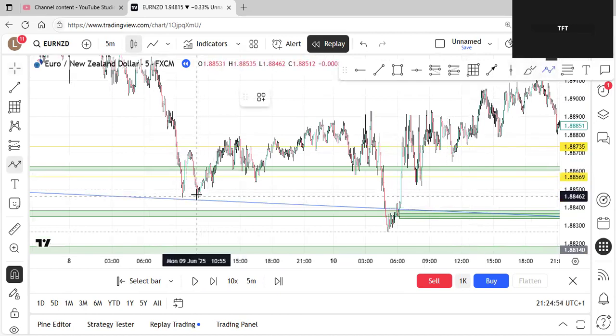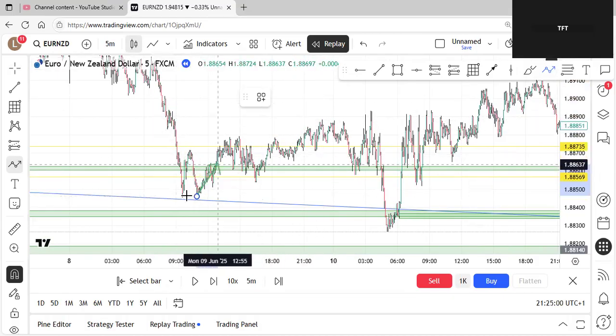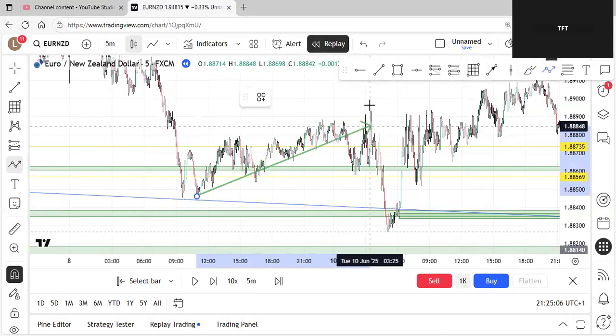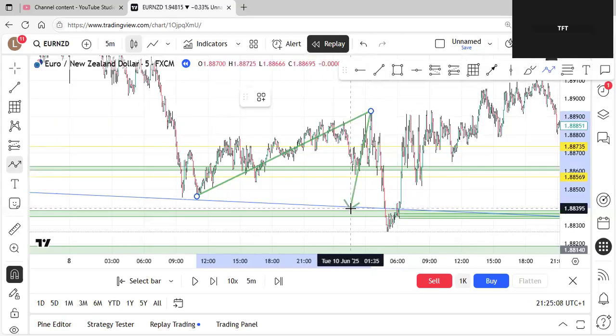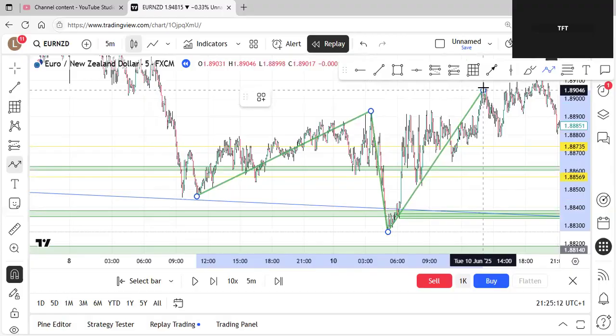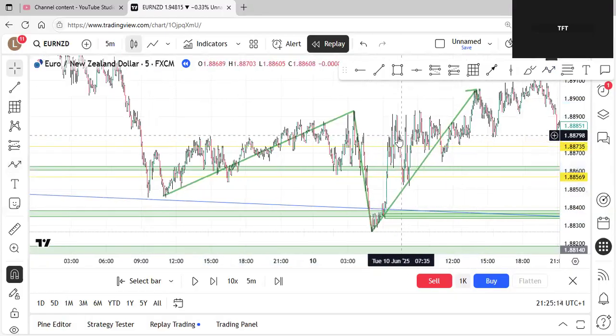So this is where I made my mistake, obviously. So price trending down makes a low. Highest point, it pulls back, makes a new low. Price breaks the high there.